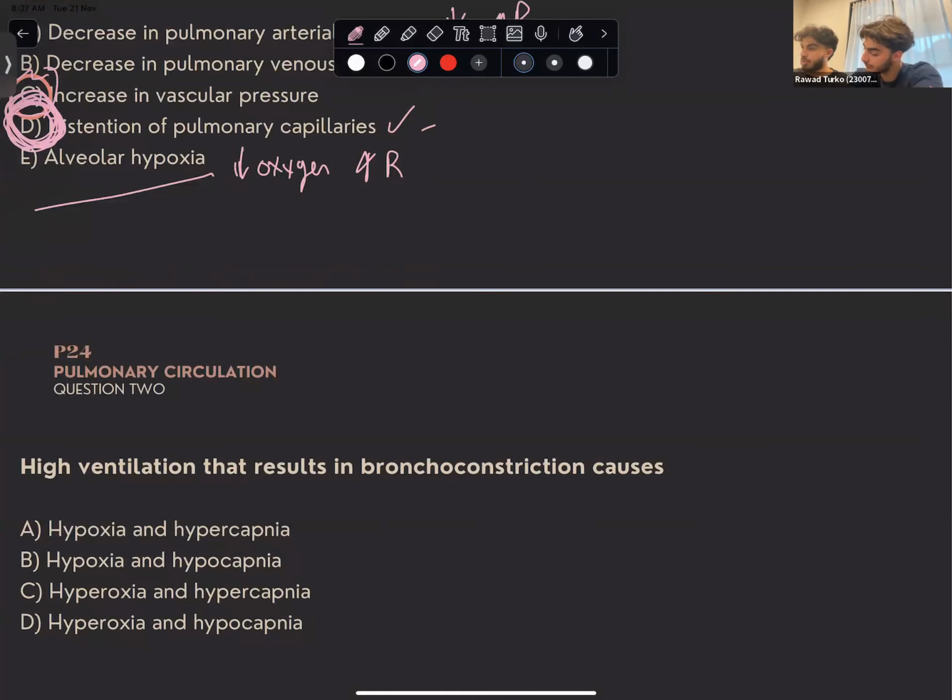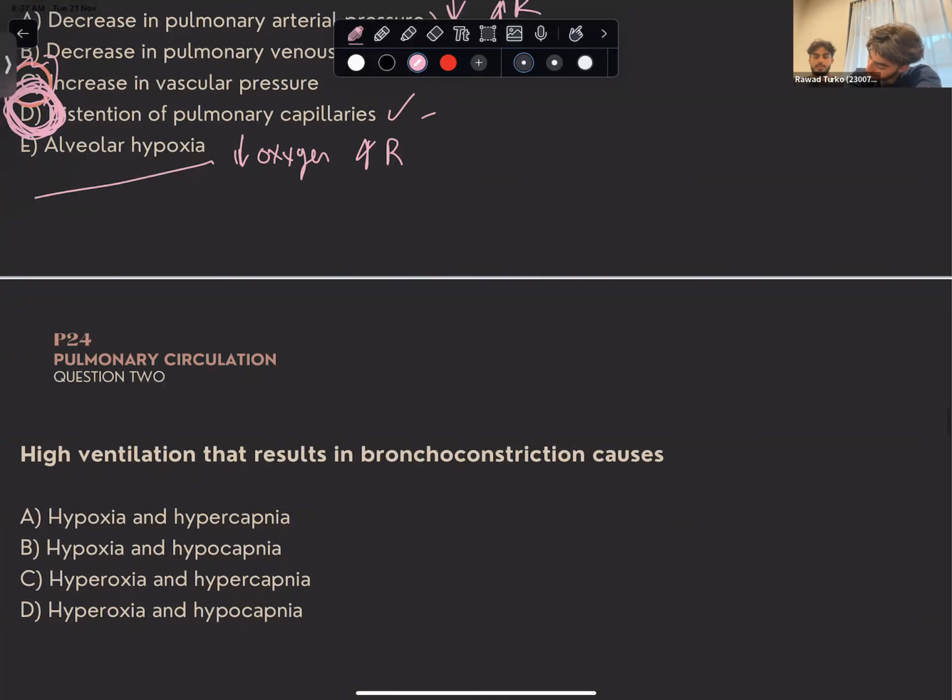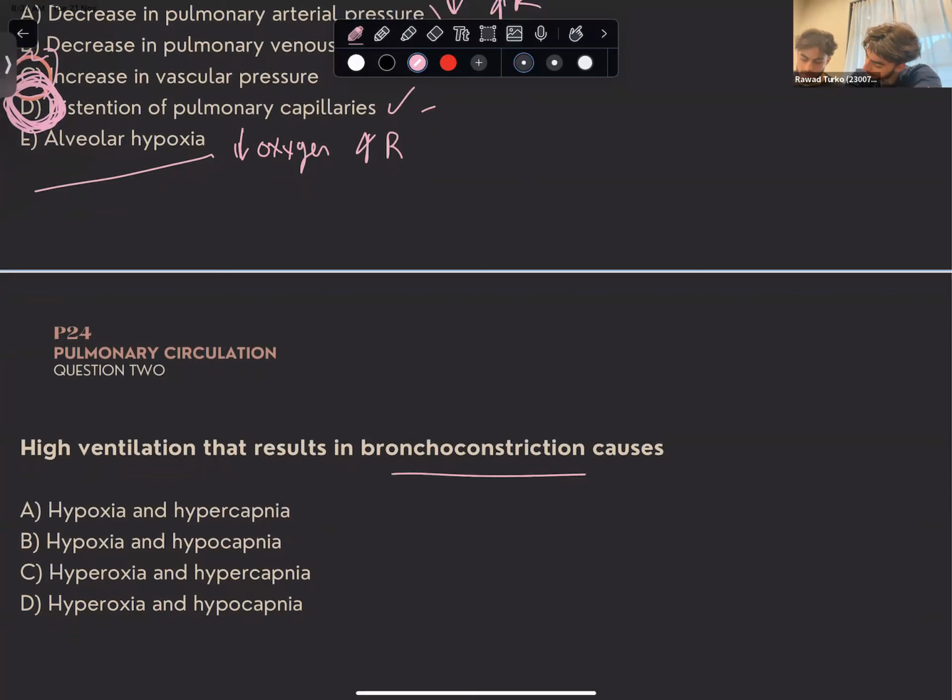Now this goes hand in hand with this question too. This is a question I made because I feel like we need to get that straight. What's the answer here? High ventilation that results in bronchial constriction causes what? Okay.